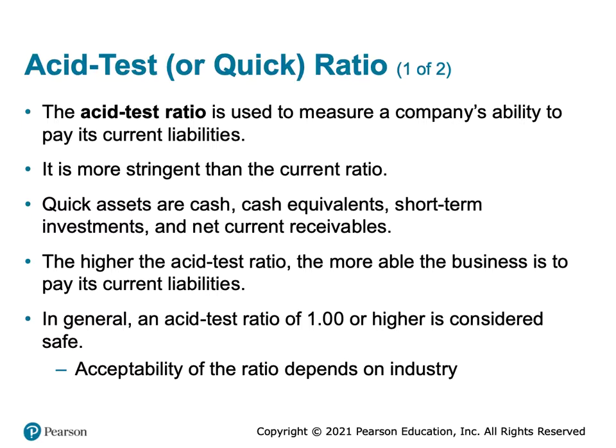So when we look at this quick ratio, we're getting a better picture of how likely it is that we could pay our current liabilities if they all came due immediately. And so in general, an acid test of 1 or higher is considered safe. But of course, the acceptability depends on the industry, and we also need to consider past performance, as we've discussed.